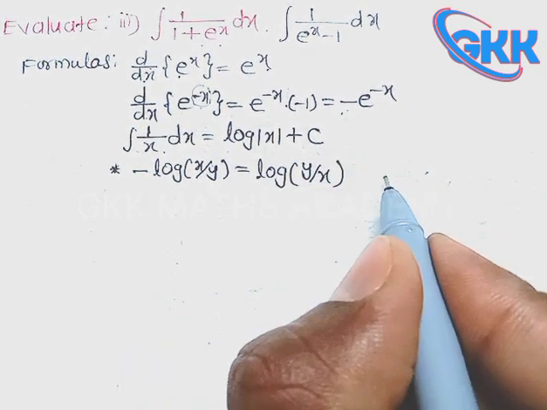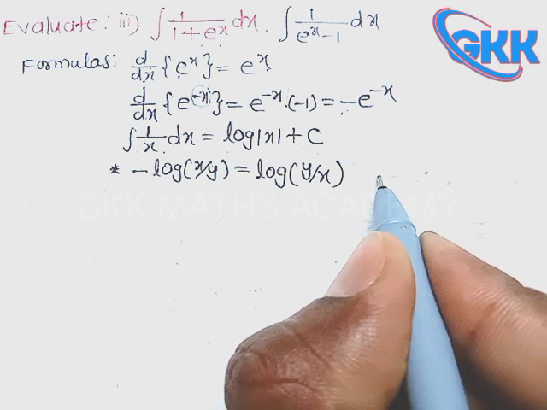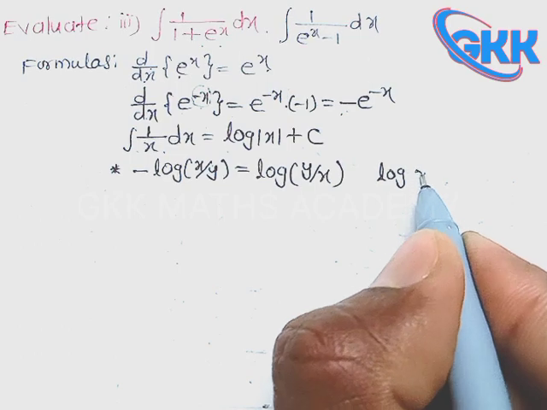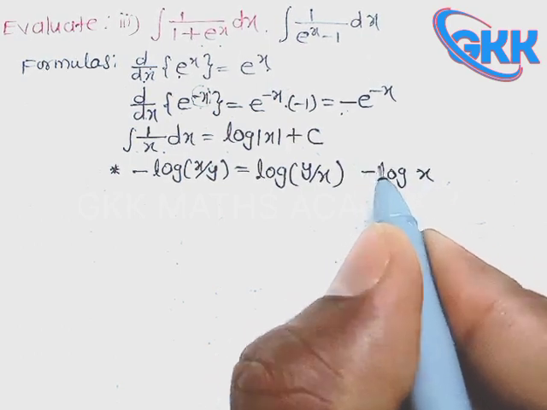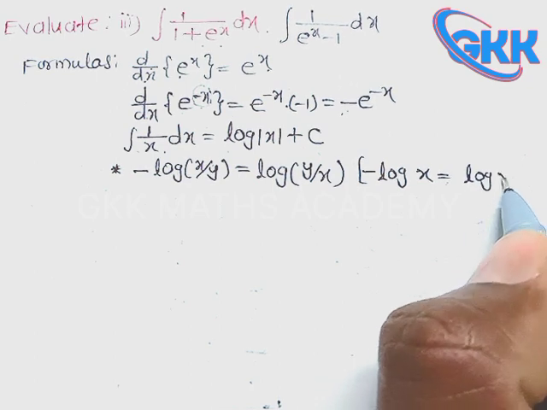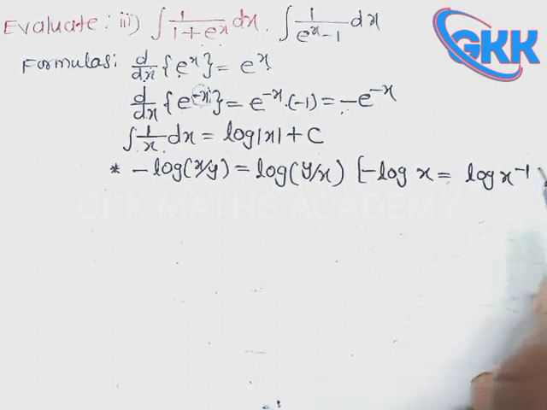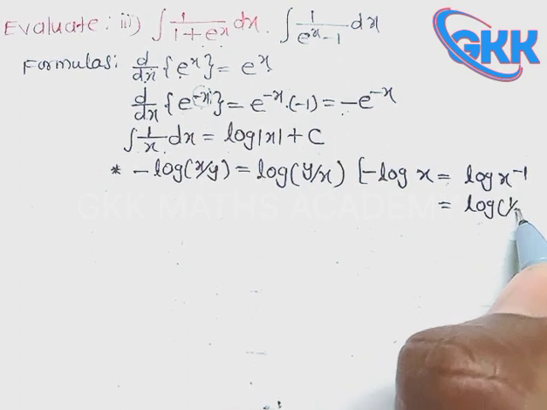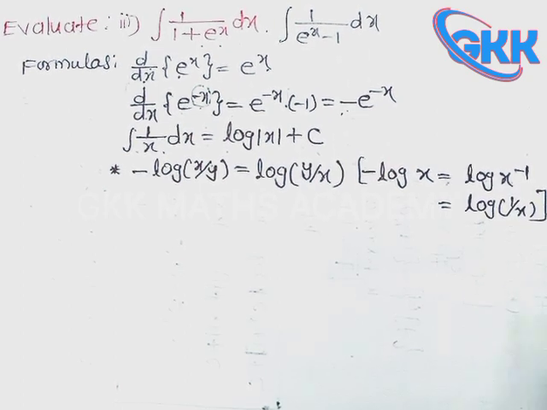The property is, suppose minus log x, how are we going to write it? Log of x power minus 1. So log of x power minus 1 gives log of 1 by x.